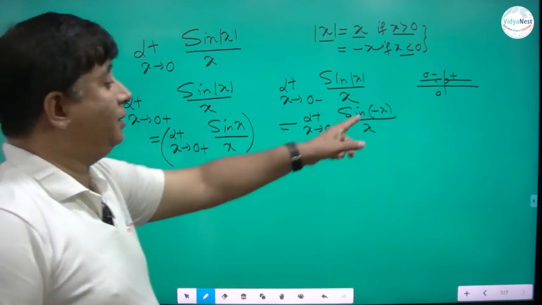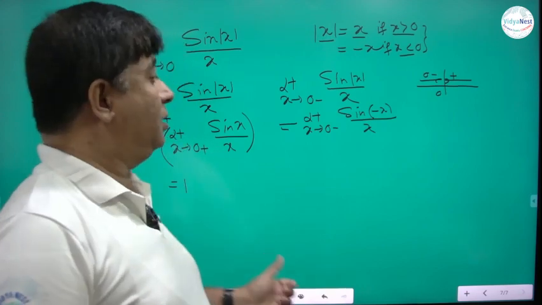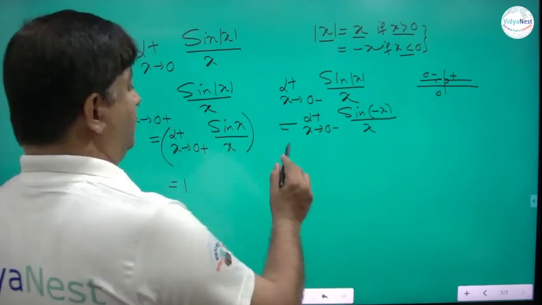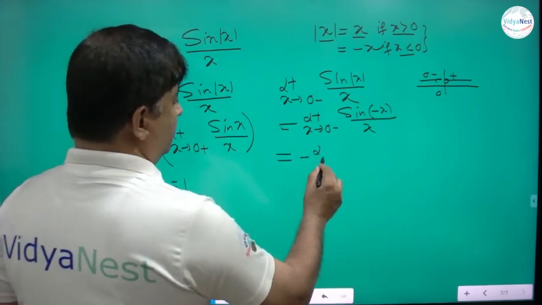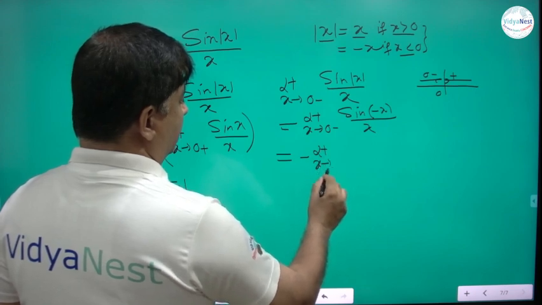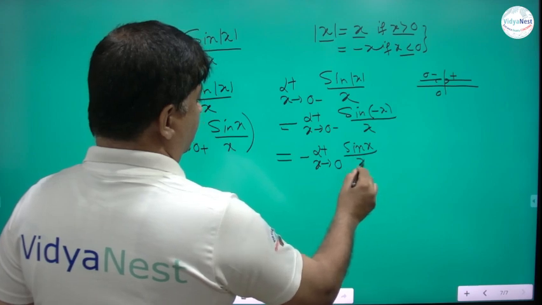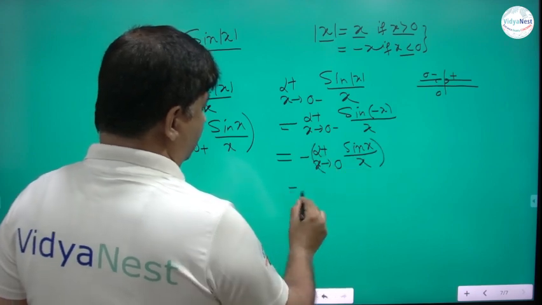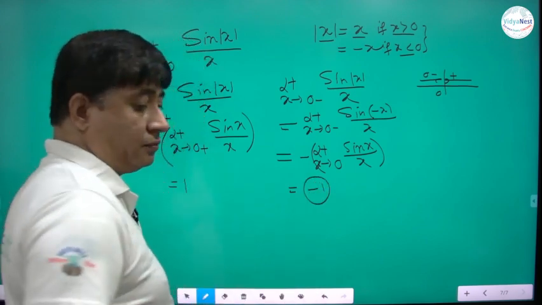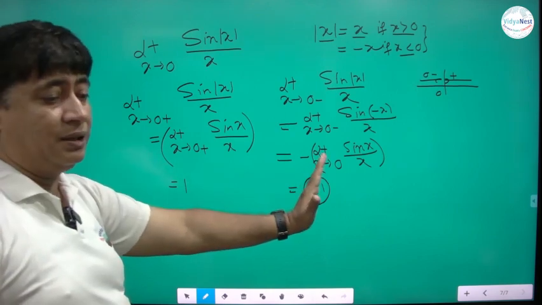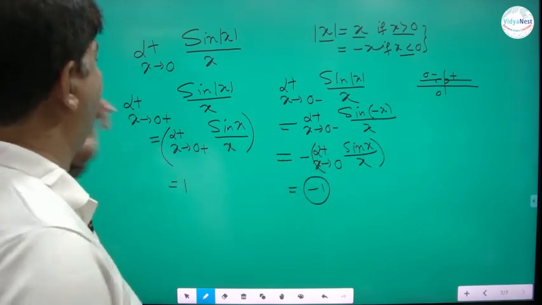What will I do with this minus sign? Will it be absorbed? No, it will be brought out. Minus 1. So the right hand limit and left hand limit are providing two different values.